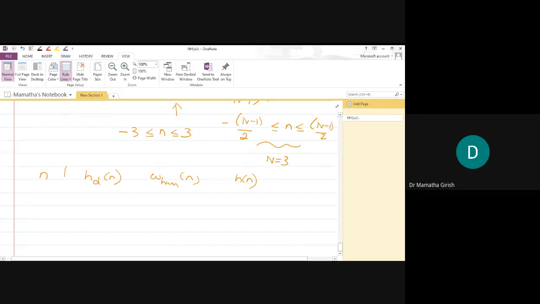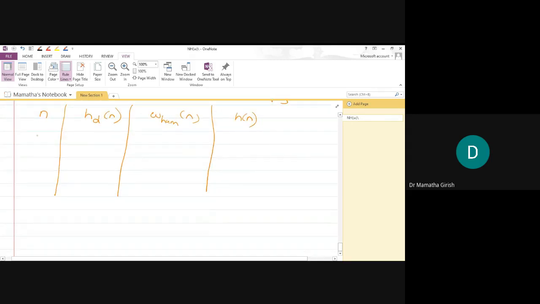Let's substitute the values. This is as per the range of n varying from -3 to +3. We start from -3, -2, -1, 0, 1, 2, and 3.